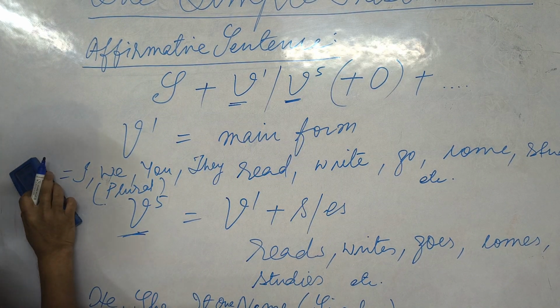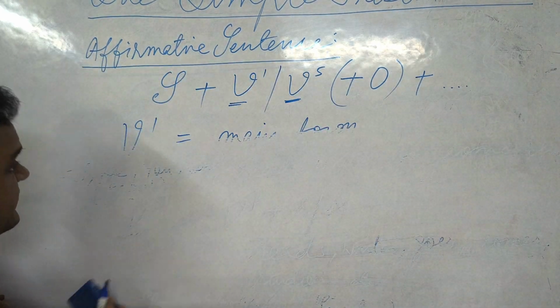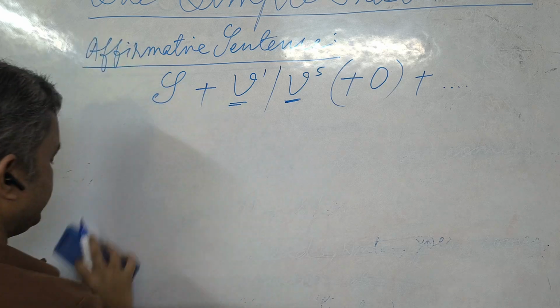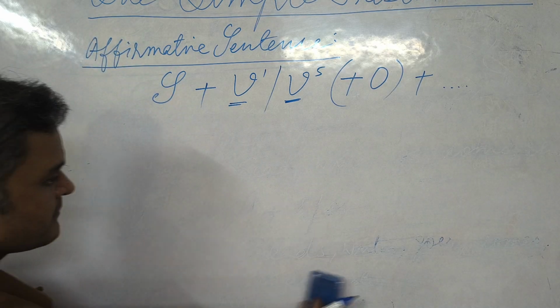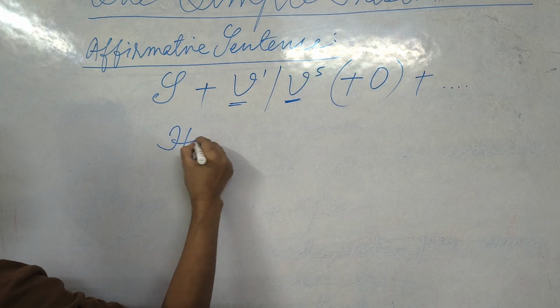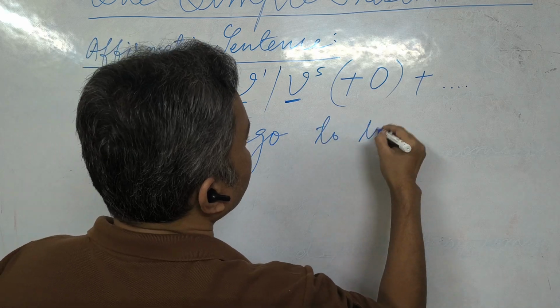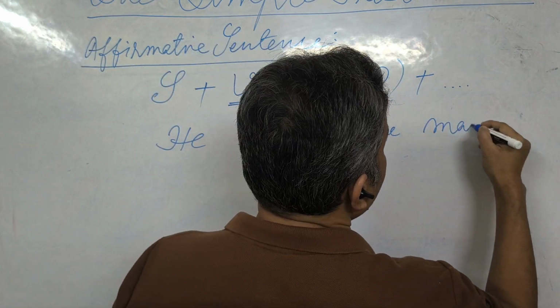Now, the most common mistake people usually make here is this one. They will say, for example, "He go to the market."